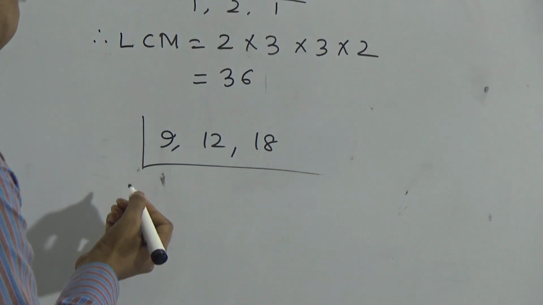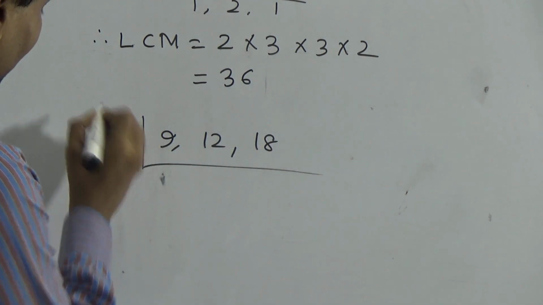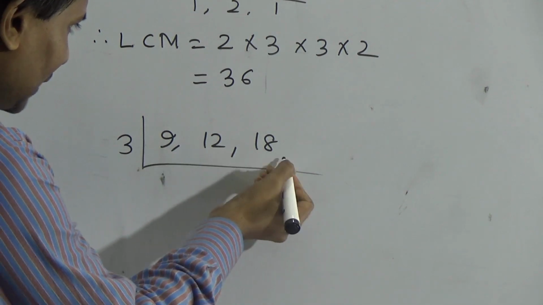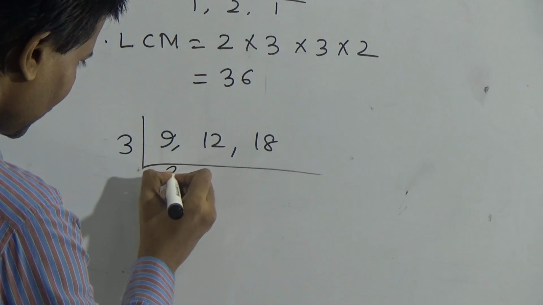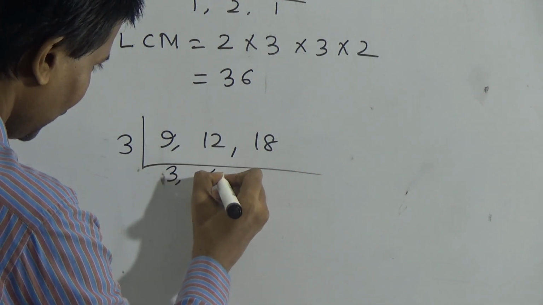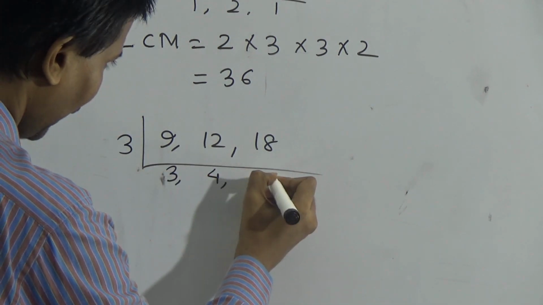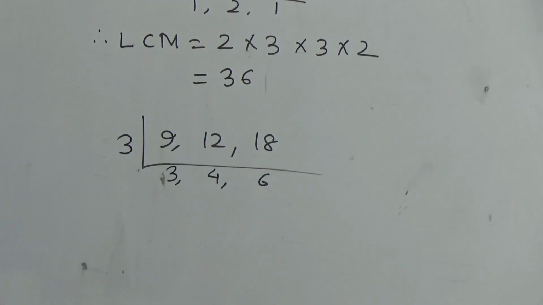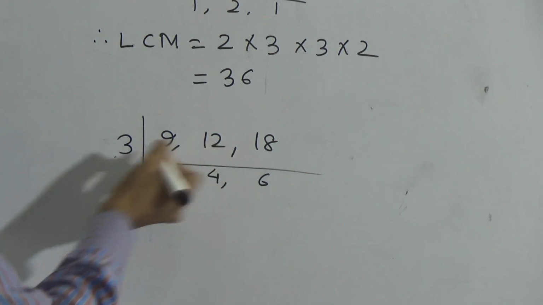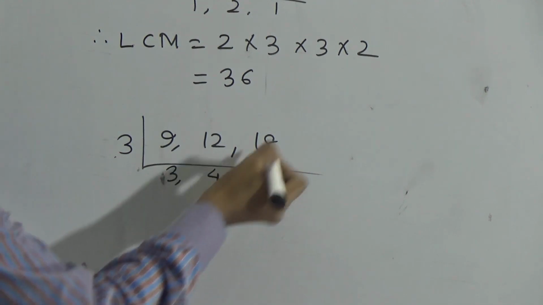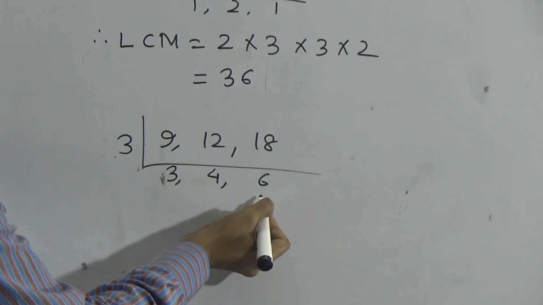If you select 3, then all these numbers are divisible by 3. Dividing 9 by 3 gives 3, 12 by 3 gives 4, and 18 by 3 gives 6.